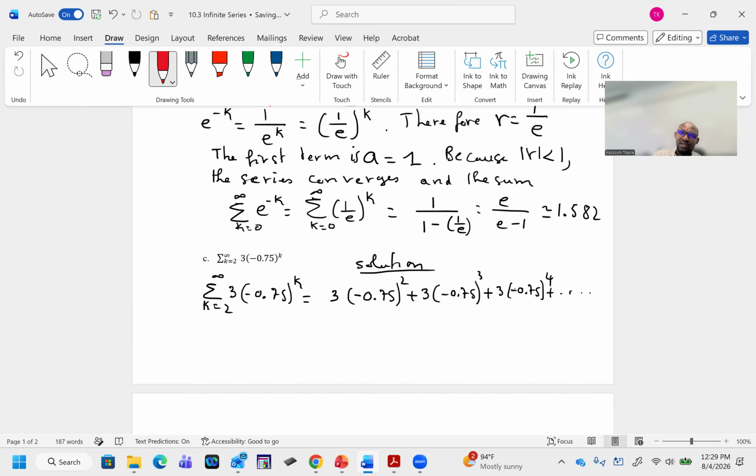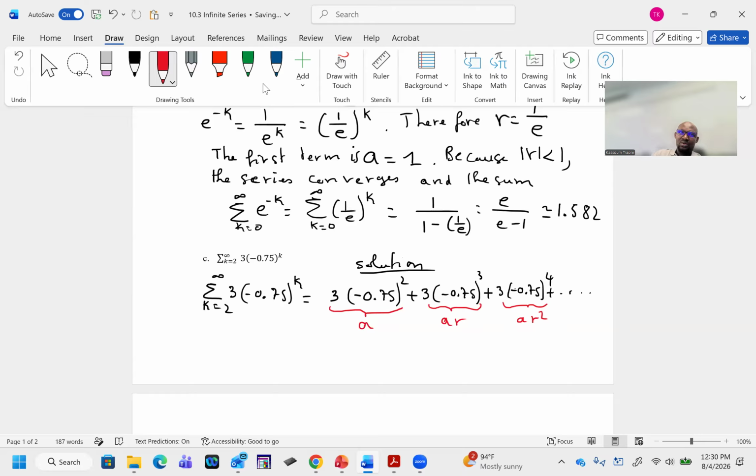So you can see the first term is a, so this is my a. This is a times r, and this is a times r squared, and so on, right?